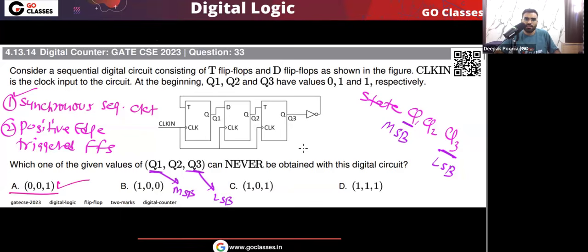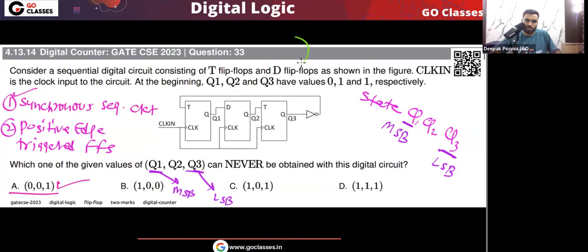Okay. But I just want to tell you that this method was not an efficient method. Let me tell you, there is a better method to solve this question. What is that? See, instead of starting from 0, 1, 1 and then doing one by one, you just make the complete state diagram, the complete state table.